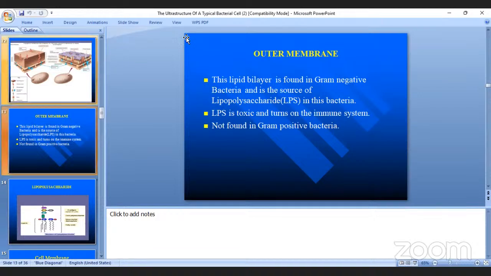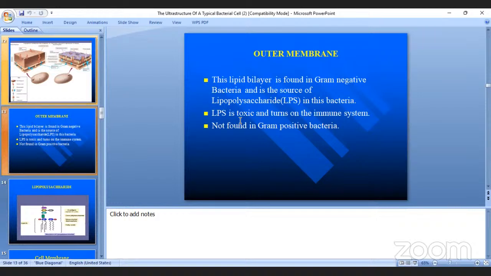And next, after the cell wall, the outer membrane, or cell membrane, or plasma membrane. This lipid bilayer is found in gram-negative bacteria and is the source of the lipopolysaccharide in the bacteria. The lipopolysaccharide, LPS, is toxic to the immune system, and is not found in gram-positive bacteria.